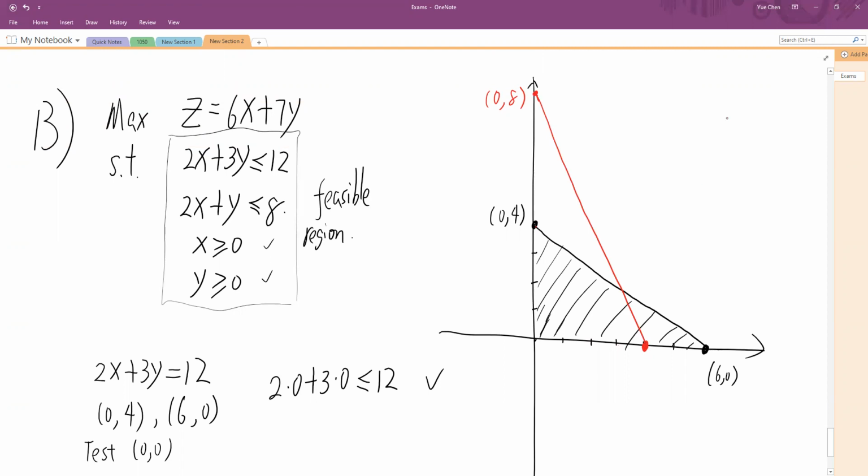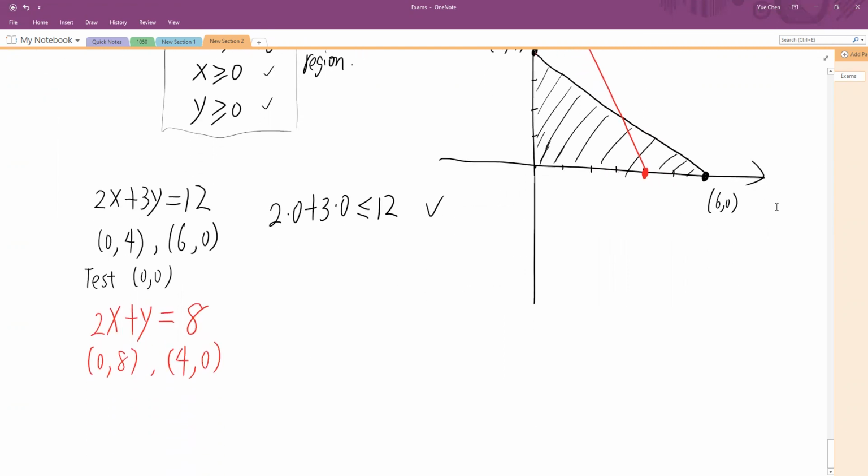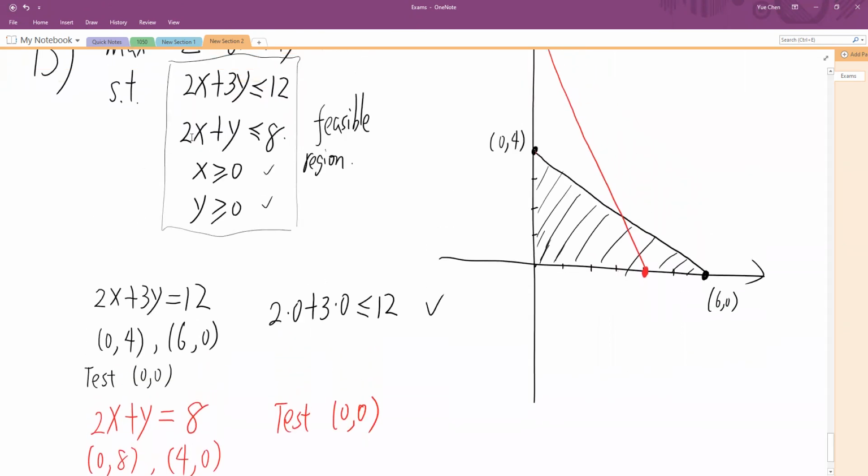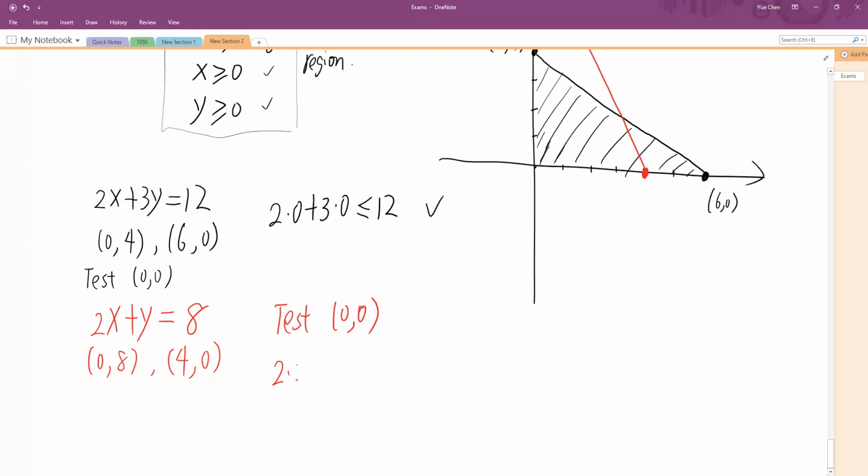Okay. So which part? Is this part or this part? We need to test the 0, 0 point. We plug the 0, 0 point into this inequality. So 2 times 0 plus 0 less than or equal to 8.